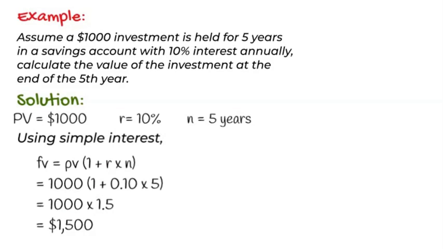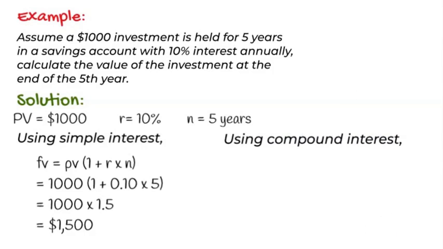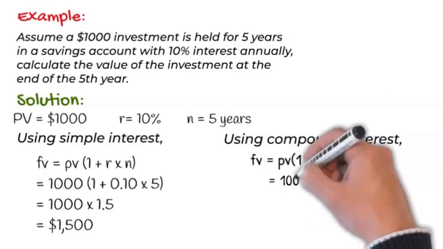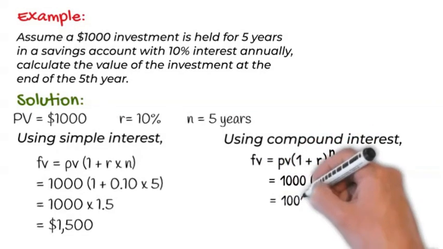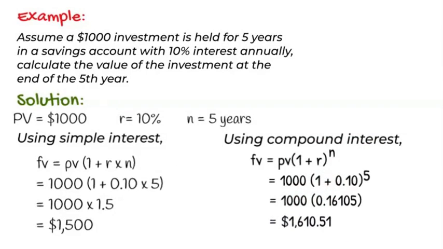So we get $1,500. If the interest is compound interest, we use the formula FV equals PV times (1 plus R) raised to power N, and that gives us $1,610.51.